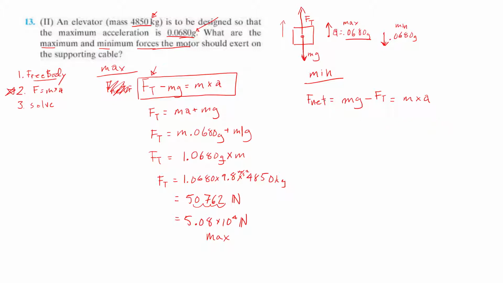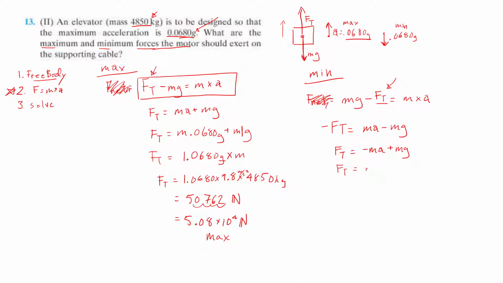Just trust me here. So I don't need to worry about F net. So here, mg minus Ft, and I want to solve for Ft. This is the force of the motor. So negative Ft is equal to ma minus mg. I'm going to multiply everything by negative 1. That means Ft is equal to negative ma plus mg. I'm just going to switcheroo that.